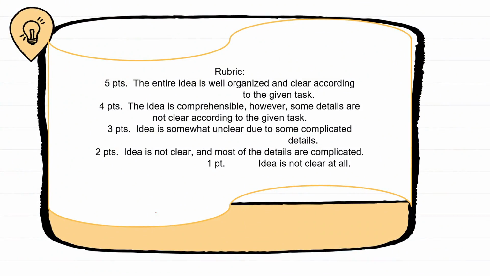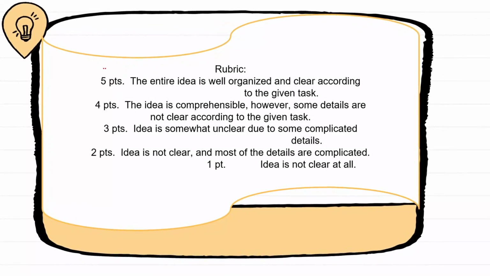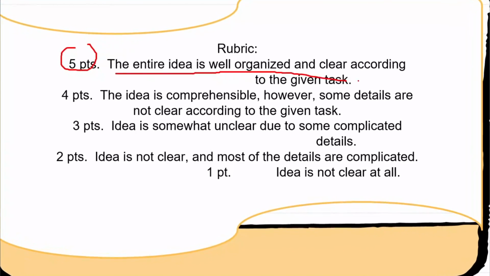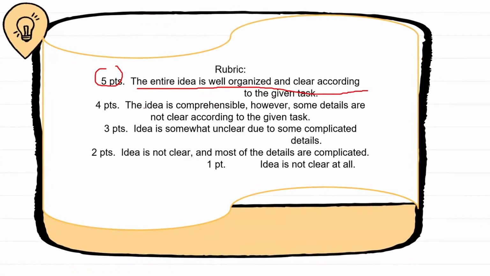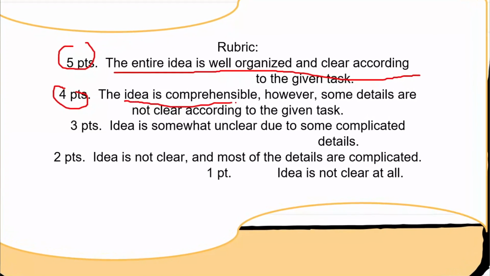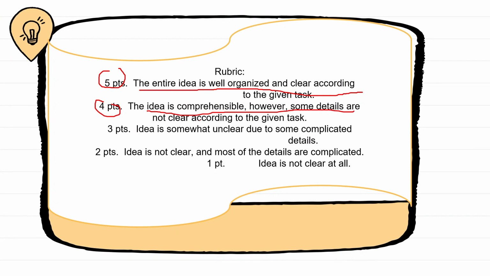And of course, we have the rubric. You will get 5 points if the entire idea is well organized and clear according to the given task. Remember that. You will get 4 points if the idea is comprehensible, however some details are not clear according to the given task. And you will get 3 points if the idea is somewhat unclear due to some complicated details.